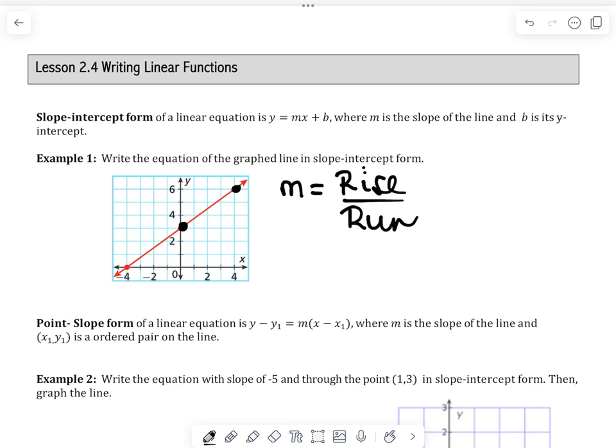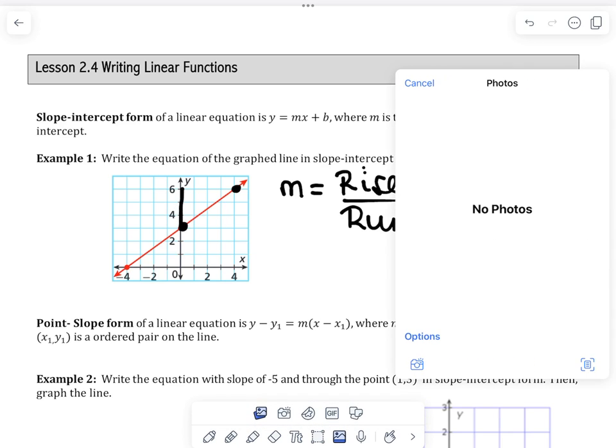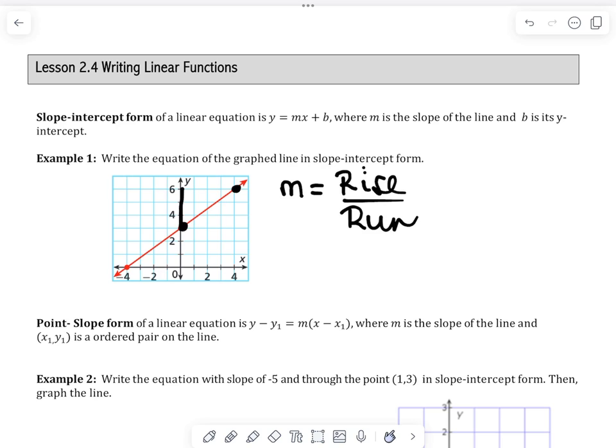So you just choose one point and count how much we're rising. We're rising 3 units in the positive direction, and then we're going to run 4 units in the positive direction. So the slope is positive 3 over positive 4.